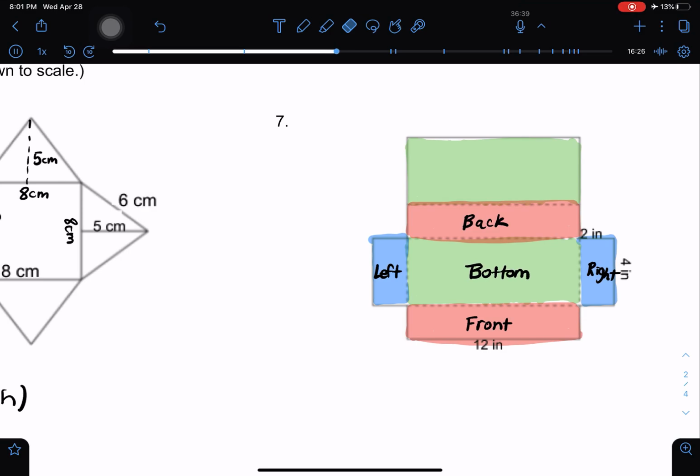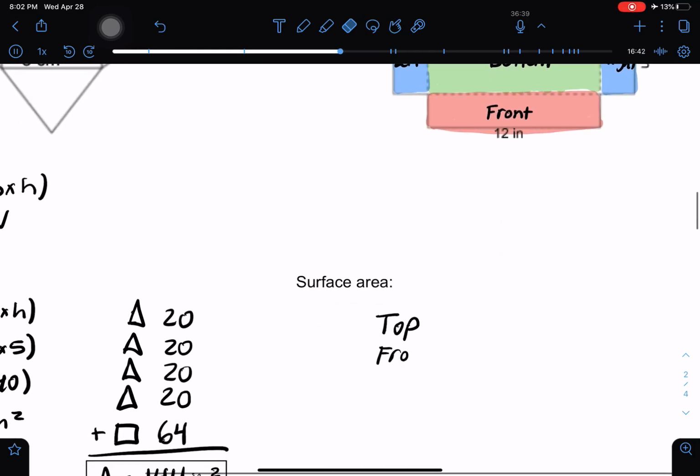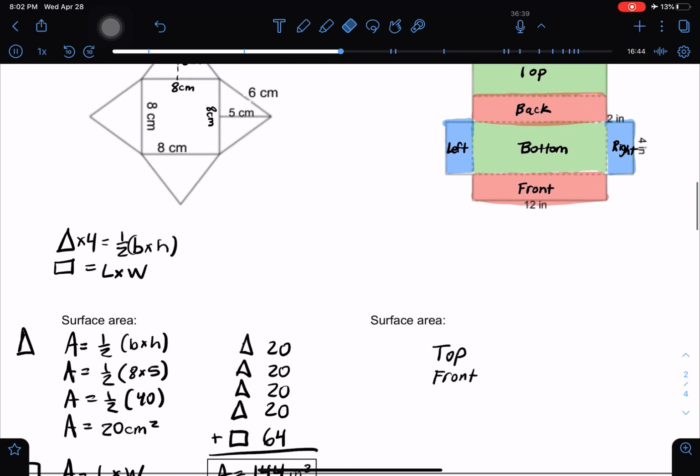If we imagine us folding this up, that rectangle at the bottom would stay at the bottom, which means the one that is opposite of that would be the top. This means that we have to find the surface area for the top, for the front, for the right, as well as for the bottom, left, and back.